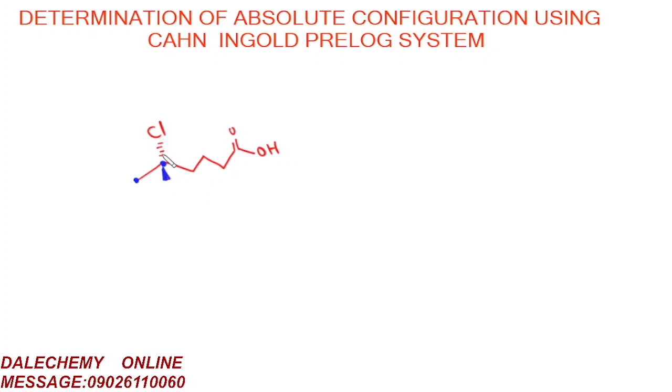If the first one is on the dash, then your hydrogen will be on the wedge. If your substituent is on the wedge, then your hydrogen will be on the dash.